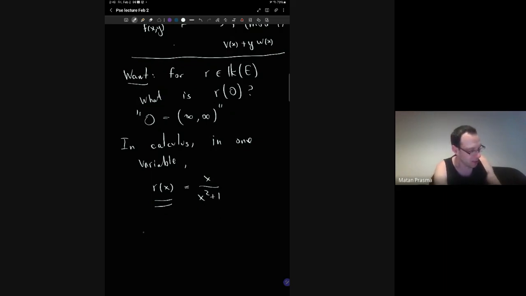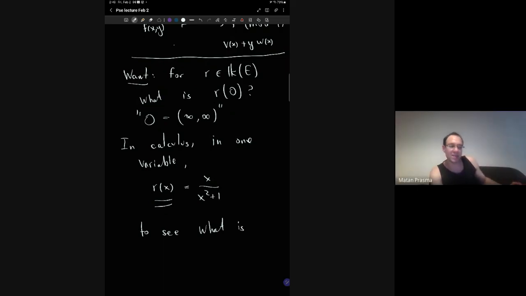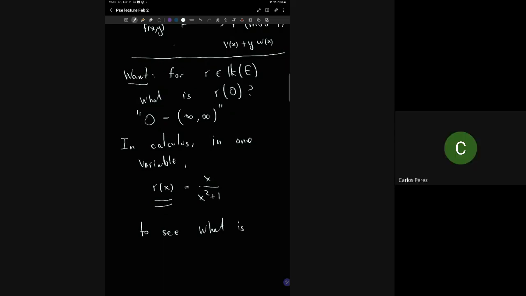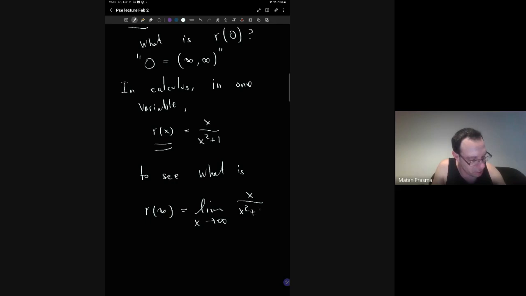It's kind of L'Hopital, yes. What is R at infinity is the limit where x tends to infinity of this expression, x divided by x squared plus 1.